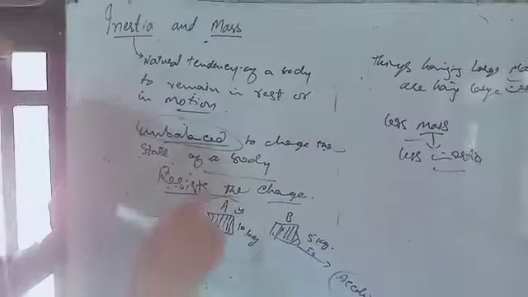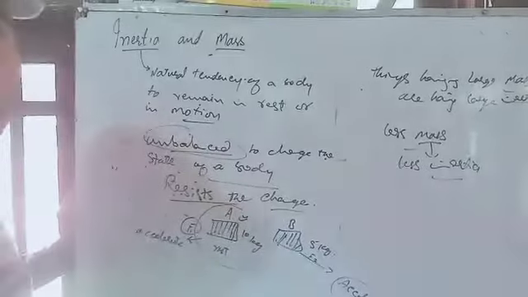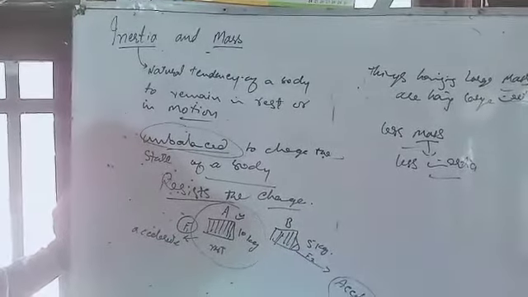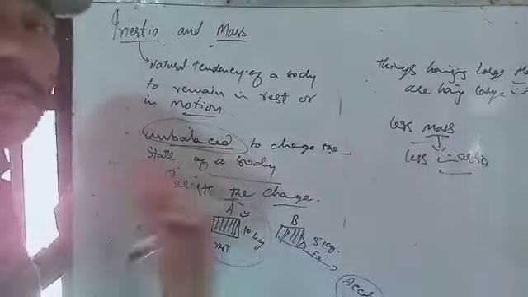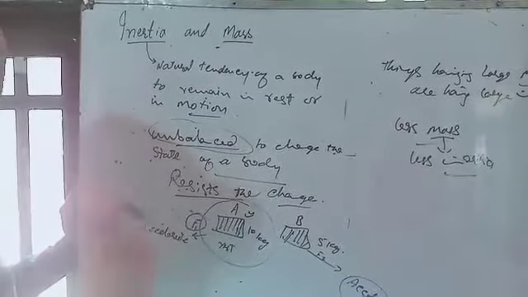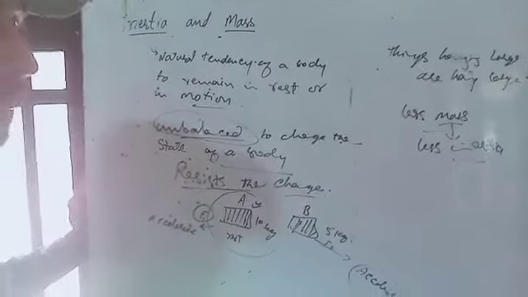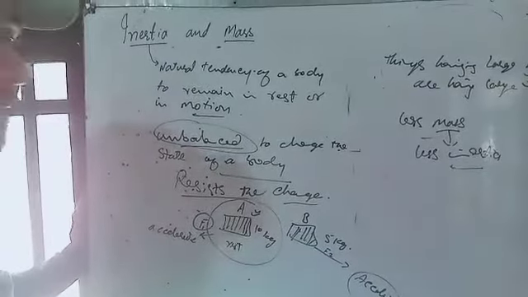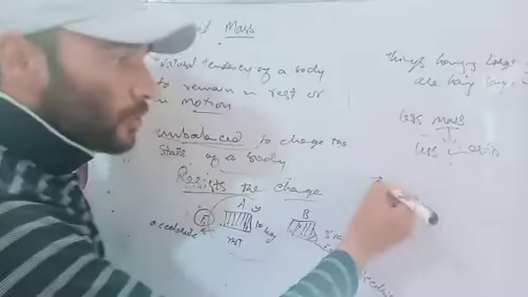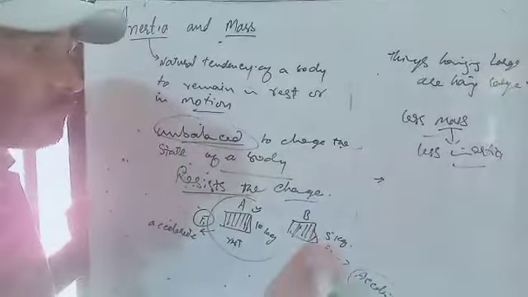That means mass is directly proportional to the force which is applied to change the inertia, or to change the state of rest or motion of a body. Now another point, I will explain with the help of an example.